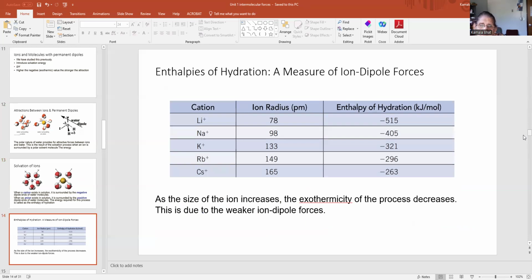And here is a measure of the ion-dipole forces for different cations from the group 1 elements. The cations are lithium, sodium, potassium, rubidium, and cesium.